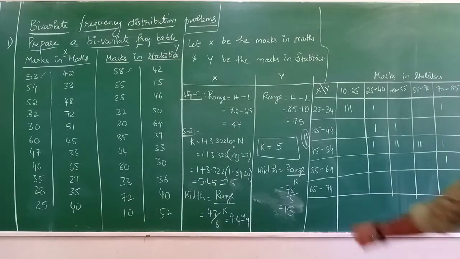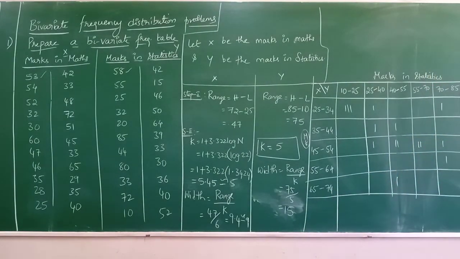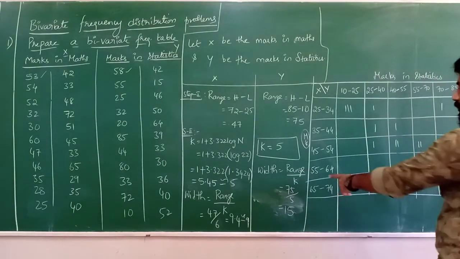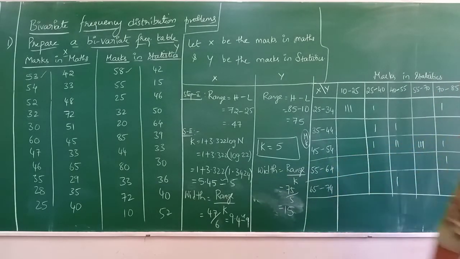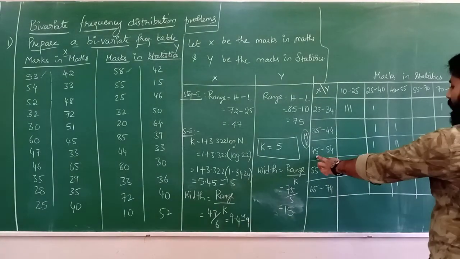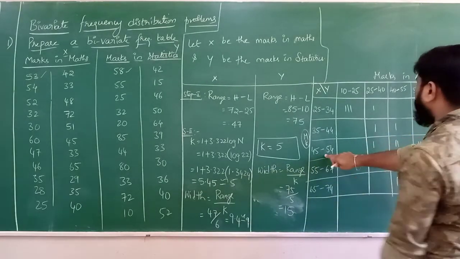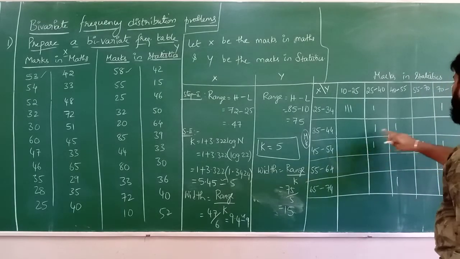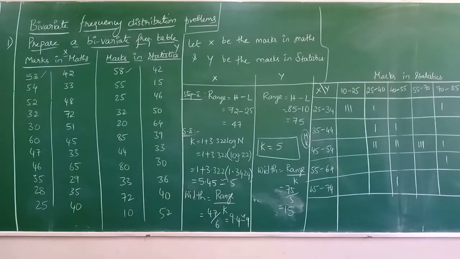Next 72, 50, here one tally. 51, 64 lies here, one tally. And then 45, 39, 45 and 39 here.